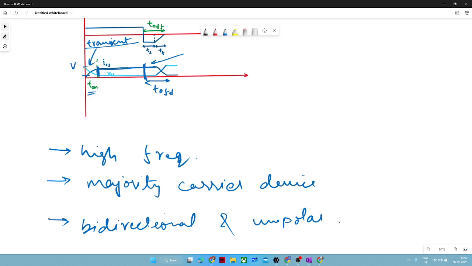Hello, sir. Sir, this is a property of the power MOSFET, sir. Is there any formula for power MOSFET, sir? Okay, that one.